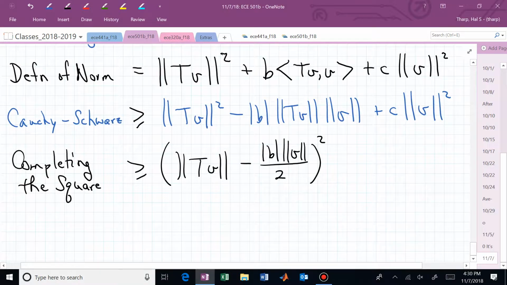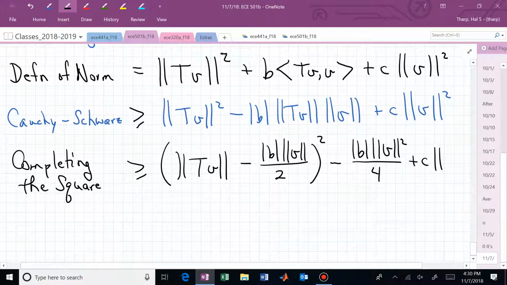And what I have to pull out is what? I'm now adding b squared v squared over 2 squared, so I need to take that away. So I now have minus b v squared over 4 plus c v squared.